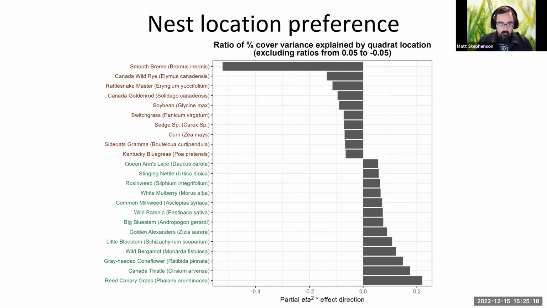There are a couple of plants on this list that don't meet that general trend. Canada thistle and reed canary grass at the bottom were both strongly associated with nest locations. These plants were sort of in the middle.